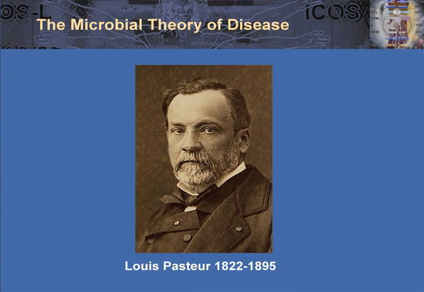Well, to start this evolutionary adventure, this is a picture of Louis Pasteur, who, amongst his many accomplishments in helping describe microbial disease and vaccination strategies against microbial disease, came up with what's known as the microbial theory of human disease. What the microbial theory basically states is that one gets an infection because you're exposed to an infection.